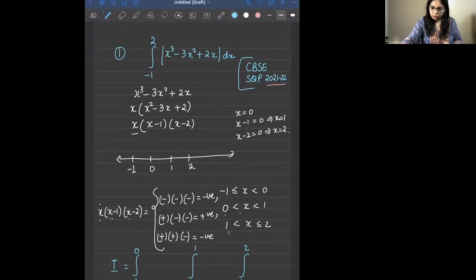So we will put a negative sign here, and x cube minus 3x square plus 2x dx. Second is positive, so x cube minus 3x square plus 2x dx. Third is negative, so we will put a negative sign before the integral, and here we have x cube minus 3x square plus 2x dx. Now the integrals are all the same.